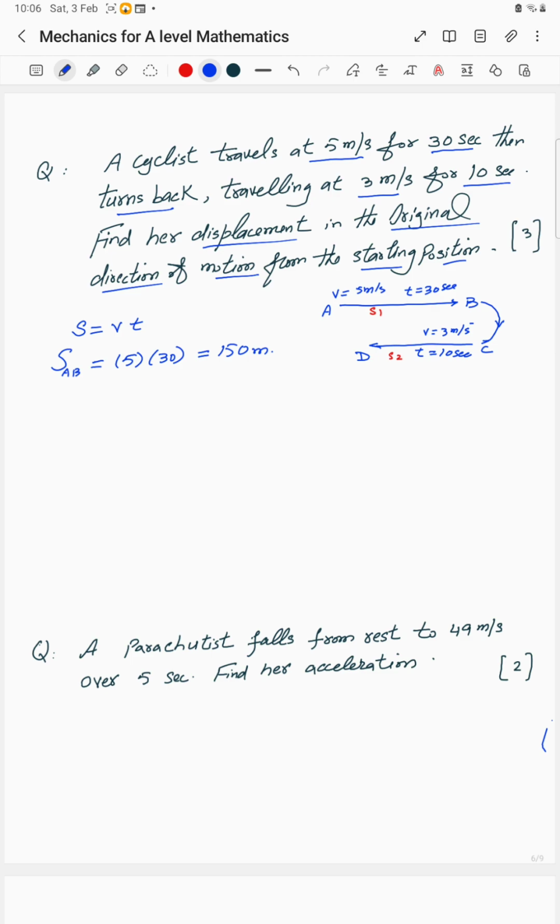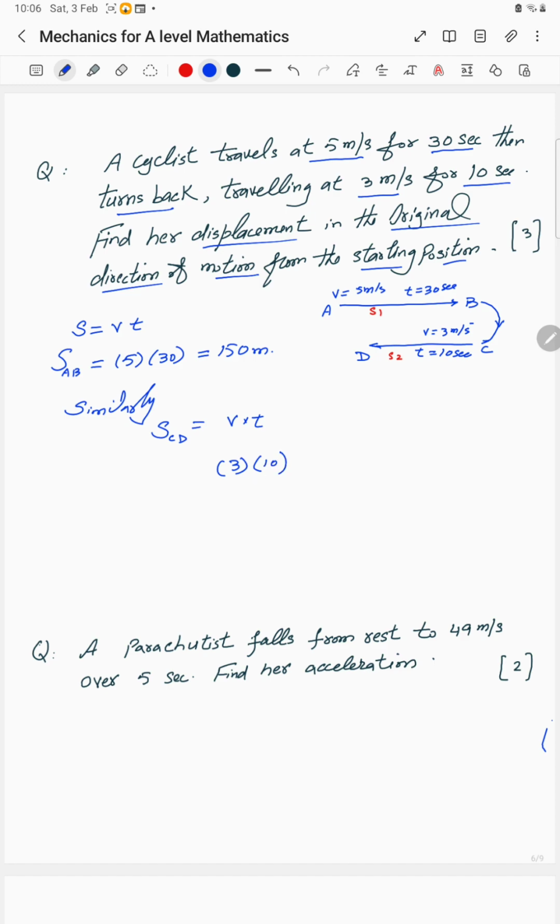Now for the return journey, after turning and moving towards the original direction from C to D, similarly I can write S_CD. That is again the formula v times t. I get v is 3 and time is 10 seconds.